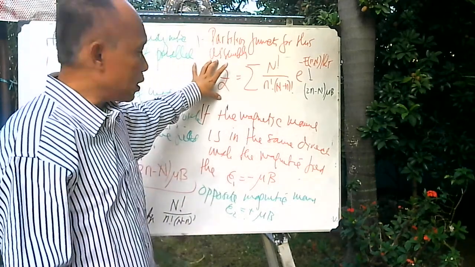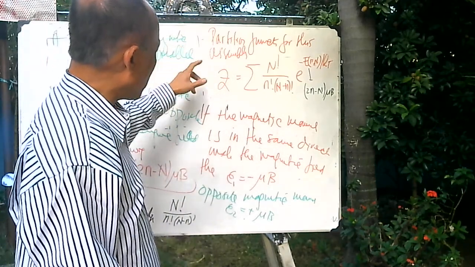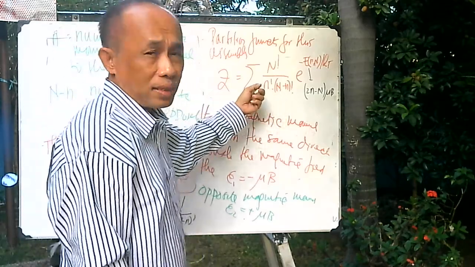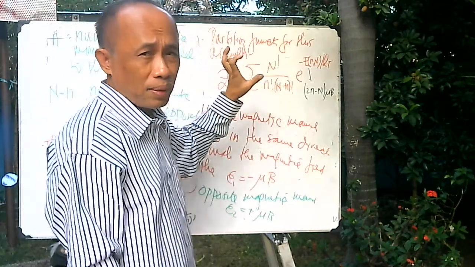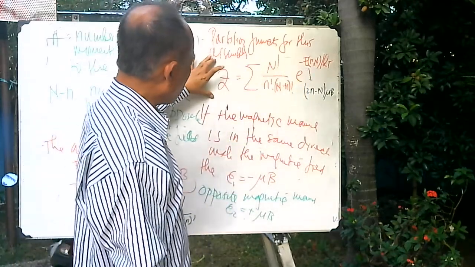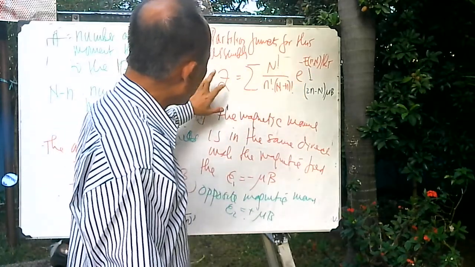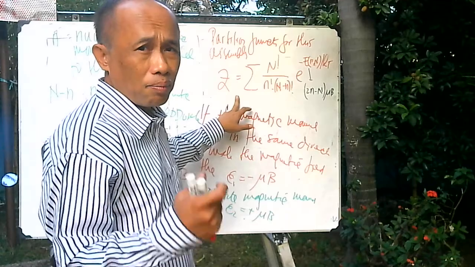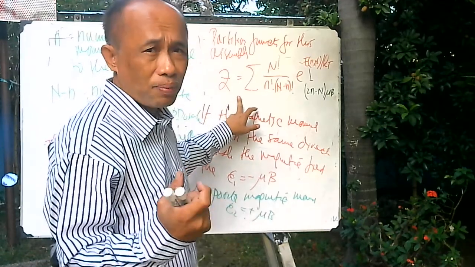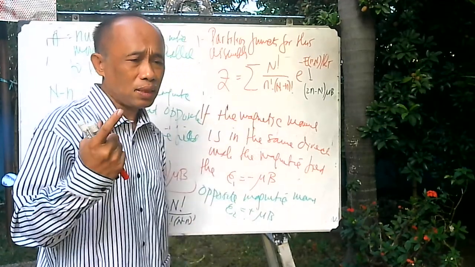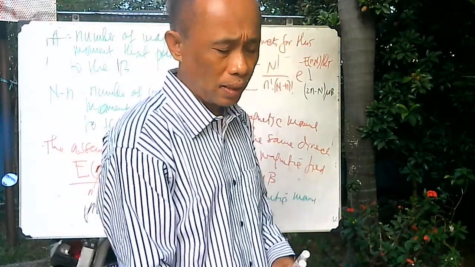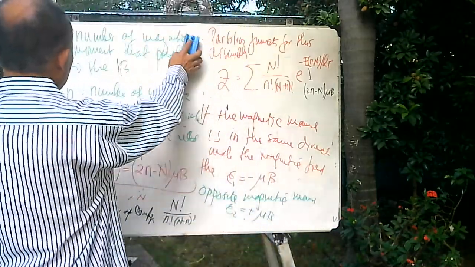In the previous discussion, we demonstrated that to avoid this difficulty, we can start from the partition function of a single particle. We don't need to calculate directly the partition function of the assembly, but we just need to calculate the partition function of one particle, and from that partition function, we calculate the partition function of the assembly. Now we will try.